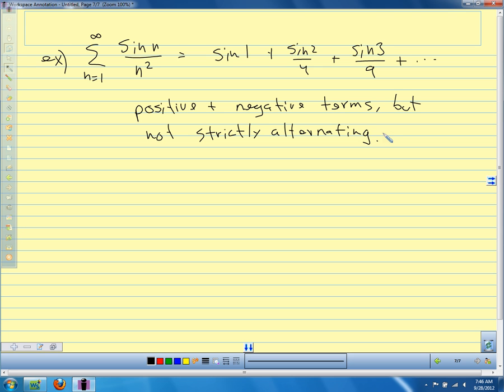How are we going to test this for convergence? Should we test the absolute value? Let's look at the sum n equals 1 to infinity of the absolute value of sine n over n squared.